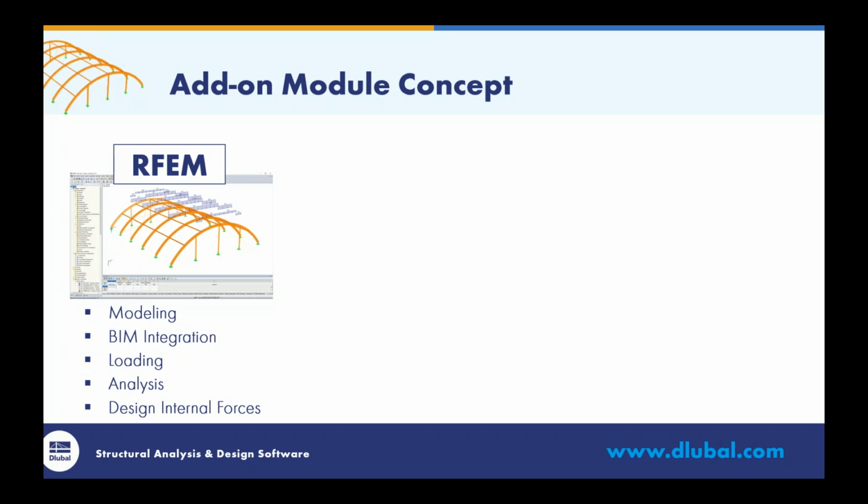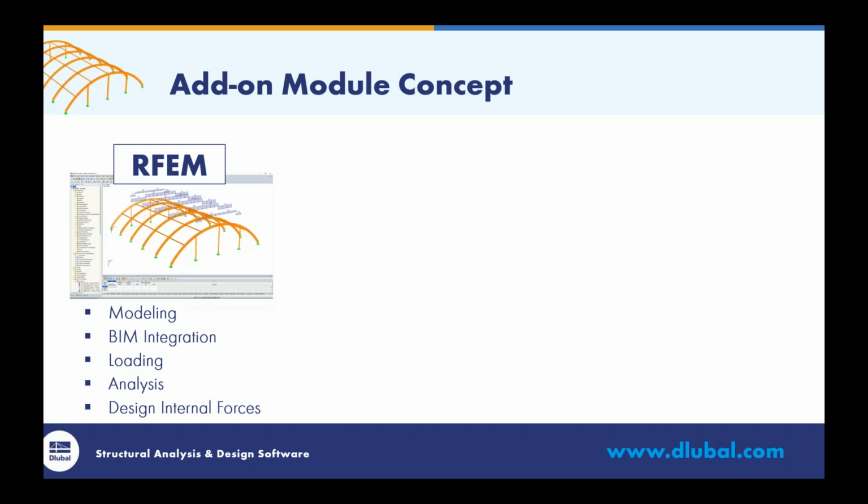We can load our structure, set up our load combinations per the various standards, and run a full analysis. With this analysis, we get information such as internal forces, deflection, and support reactions, and we can take this information into our own design tools, whether that's spreadsheets, in-house programs, or other software if we'd like to do the design. But rather, we can also do the design directly within RFEM with the use of add-on modules.